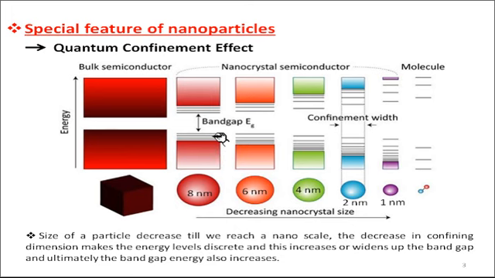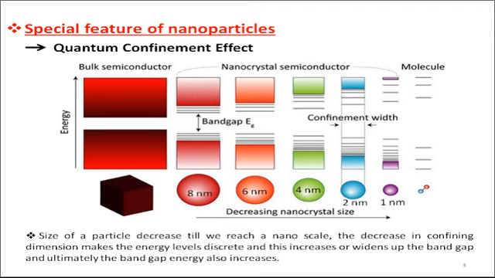This discreteness among the energy levels is more prominent in nanoparticles, and it becomes even more prominent when you further decrease the particle size, for example from 8 nanometer to 6 nanometer and then to 4 nanometer. Accordingly, you are increasing the discreteness.